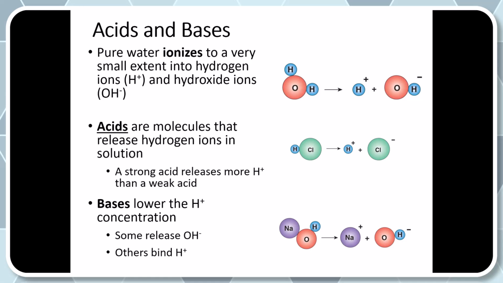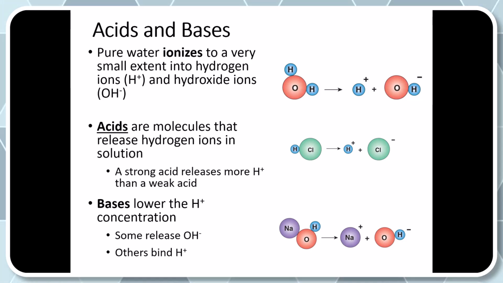So that brings us to acids and bases. Pure water ionizes to a very small extent into hydrogen ions and hydroxide ions. So H2O splits into H plus and OH negative. Again, in chemistry, you're going to go into more details on this, but acids are molecules that release hydrogen ions into solution.